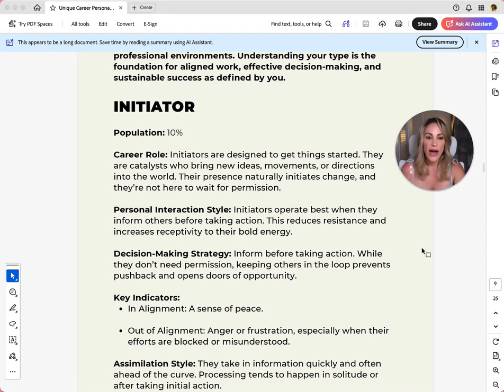But how an initiator creates the most success in taking the initiation is just informing other people before they initiate something. They don't have to ask for permission, but they do just basically share what they're doing.